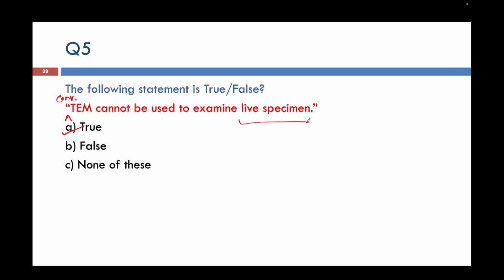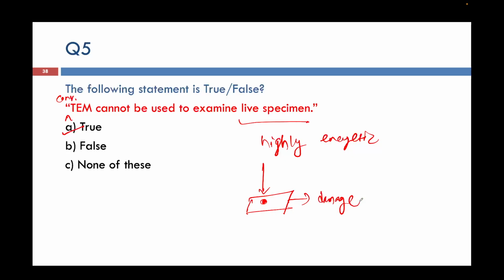In conventional TEM the beams are highly energetic. Once you put the highly energetic beam onto your sample, it will induce damage. The beam damage will happen, and you will not get the information that you are expecting. So for that we use a separate type of instrument. So conventional TEM cannot be used to examine live specimen.